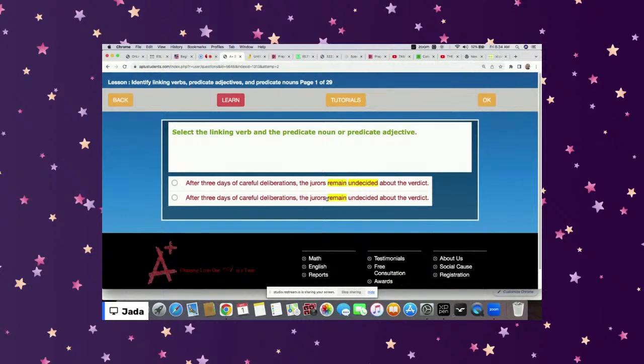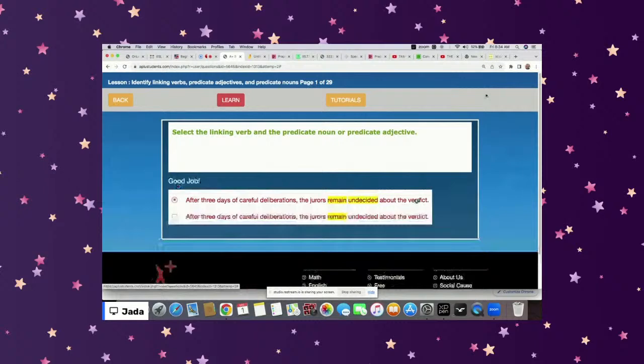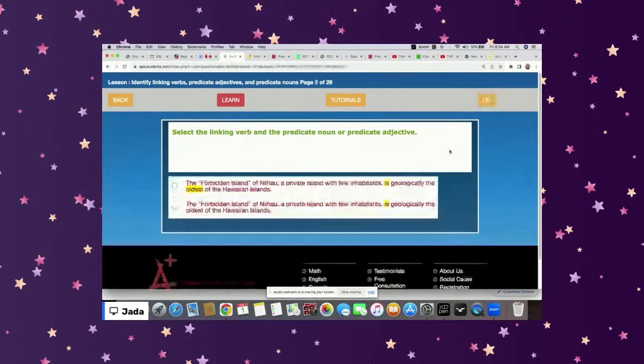The first one. Okay, all right, that's great. And then this one now, which is the predicate noun or predicate adjective, and then also the linking verb. What do you think is the answer? Here, the first also.